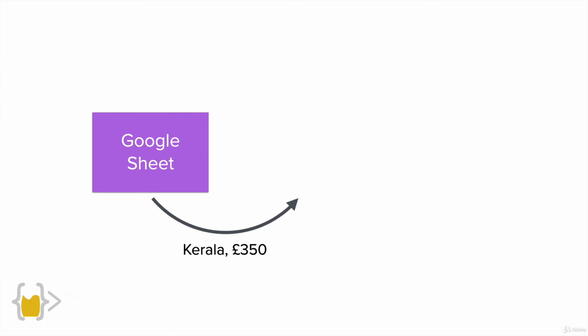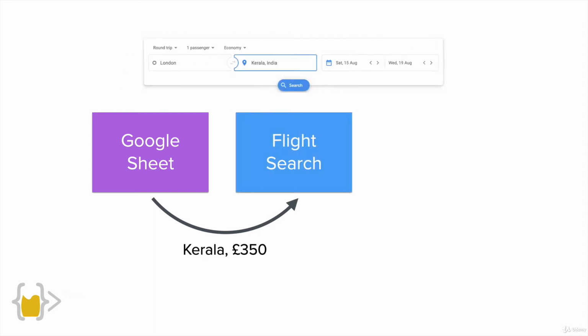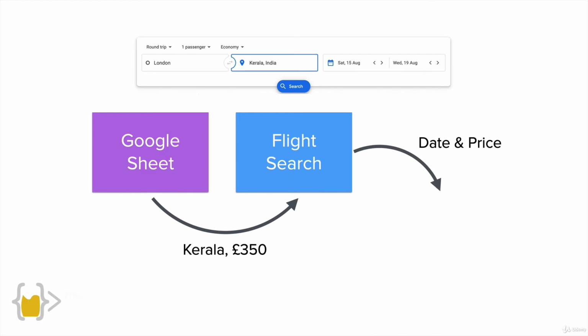So we take this data from our Google Sheet with lots of different locations and their lowest prices, and we feed that into a flight search API, which is going to run every day searching through all of the locations, looking for the cheapest flight in the next 6 months. When it comes up with a hit and it finds a flight that's actually cheaper than our predefined price, then it's going to send that date and price via our Twilio SMS module to our mobile phone so that we can book it right there and then.